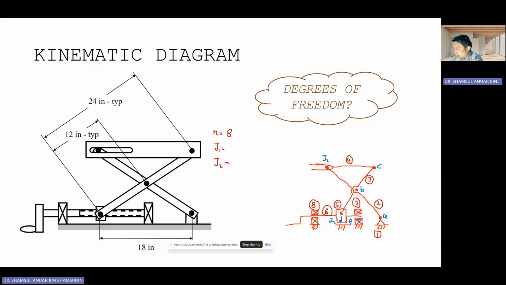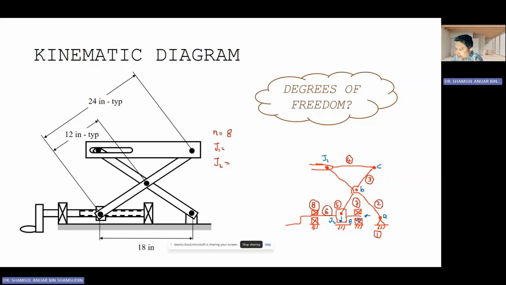Another one will constrain the screw from going to the right. So we have another one that will push it this way, constraining that way.